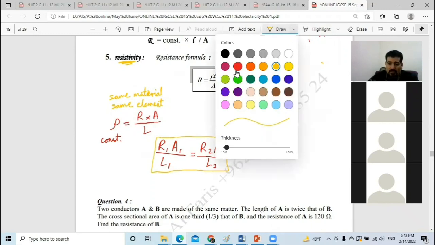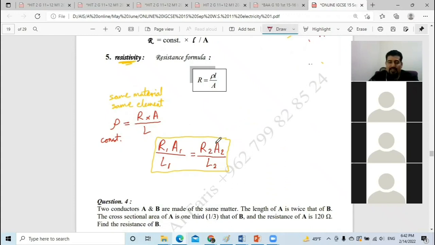Or if they ask not about area but about diameter or radius, the formula will be: resistance for the first wire multiplied by radius of the first wire square. Why square? Because the area equals pi r square. Over length of the first wire equals resistance for the second wire multiplied by radius of the second wire square over length of the second wire.